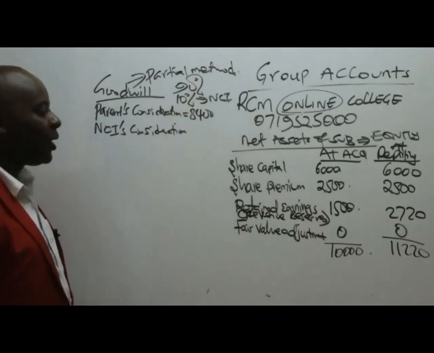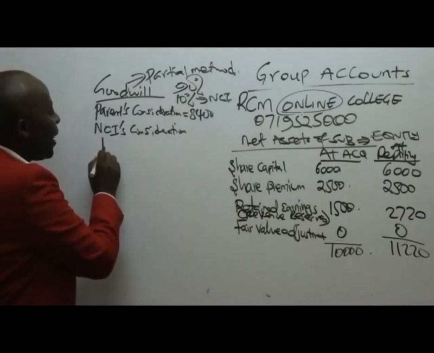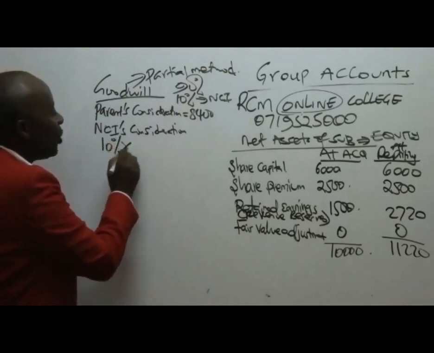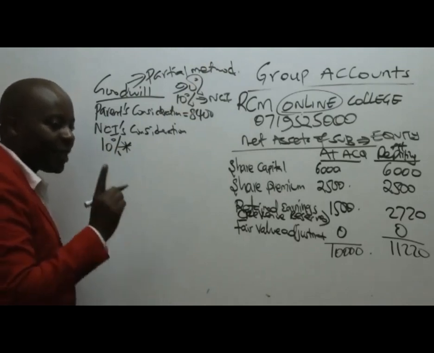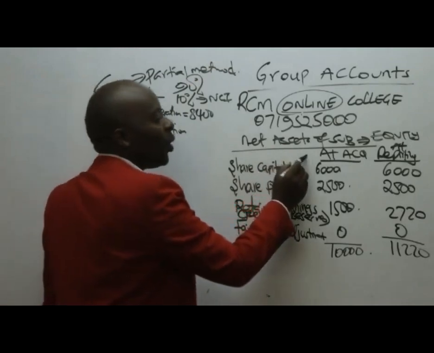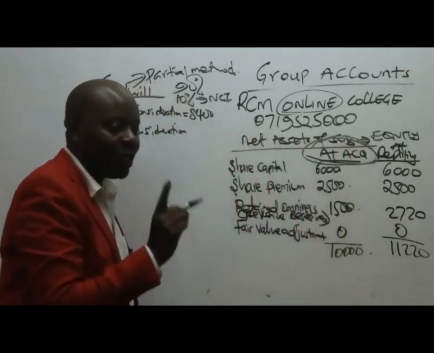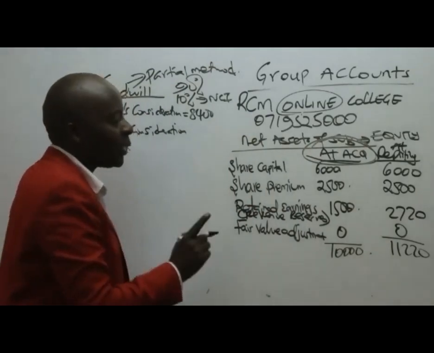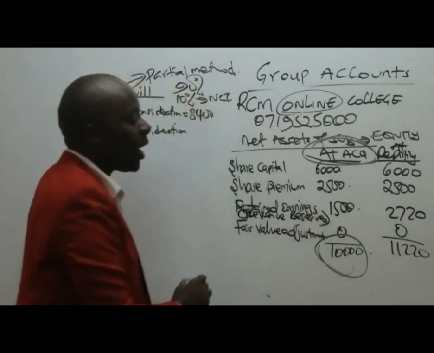The partial method means that you take the NCI's percentage of the net assets. Remember, whenever we are calculating goodwill, we use net assets at acquisition. The total net assets at acquisition were 10,000.